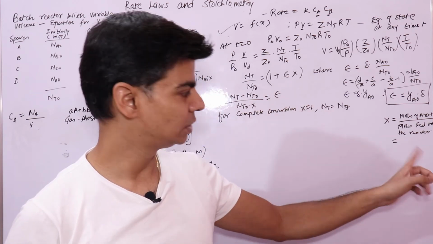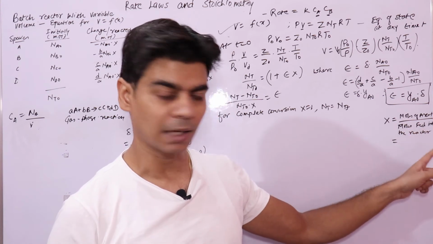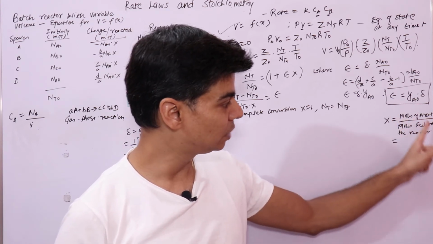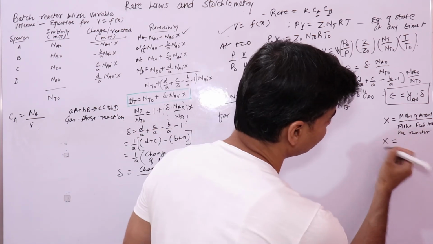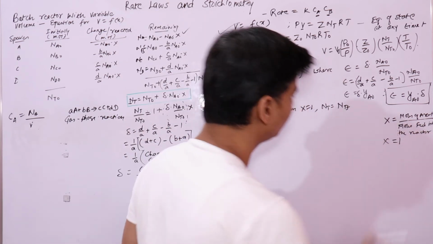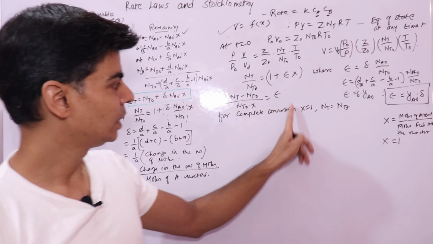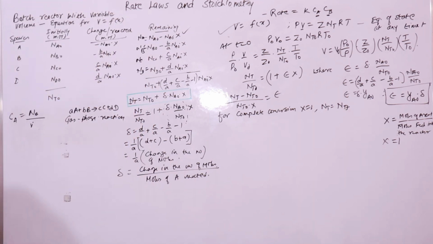So at complete conversion, moles of A reacted would be equal to the total number of moles that you have fed into the reactor. Both these quantities will become equal, so x would be equal to 1. That is why at complete conversion x is equal to 1 and Nt is equal to NTF, right?